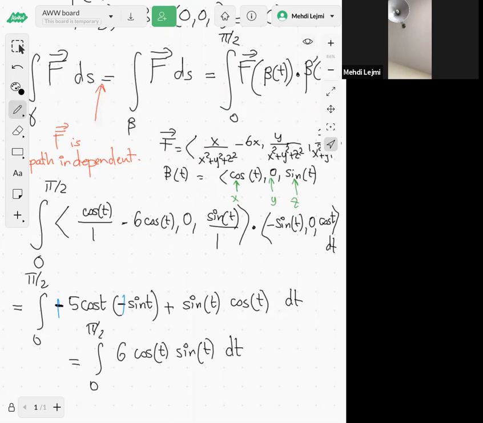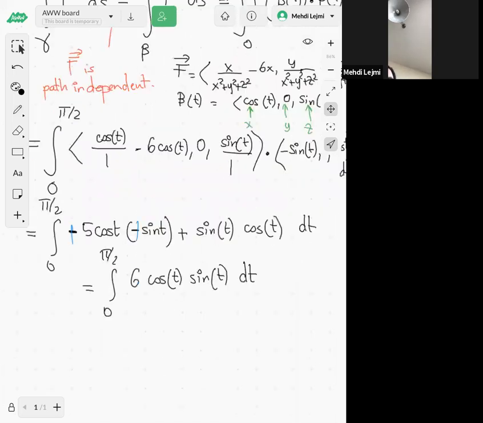Okay. And this integral is very easy to evaluate. You can either use a trig identity, or you can just use a substitution here. u is sine of t, so the derivative of u is cosine of t dt.